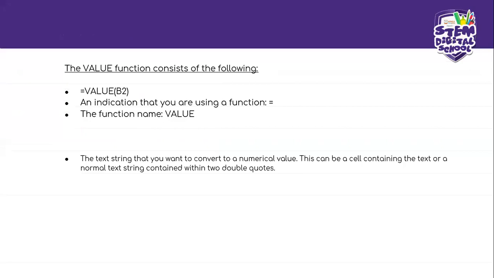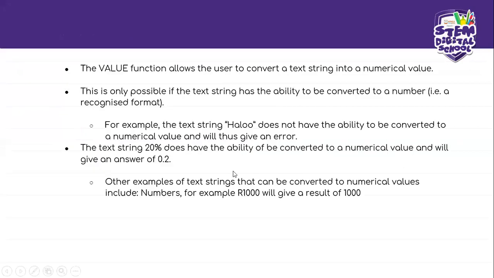Right, so as you could see with this example I made at first, this could not be converted to a numerical value, but the 20% could, and the 1000 rand could. This one is because it has letters, no numbers.